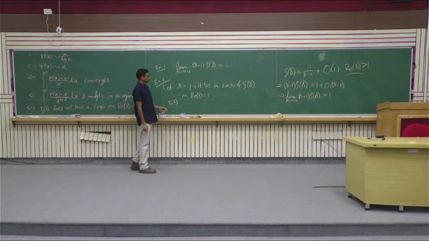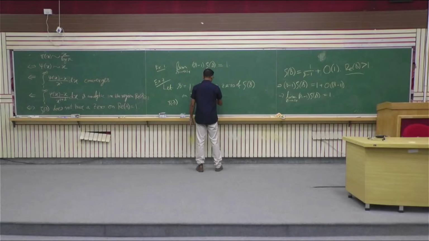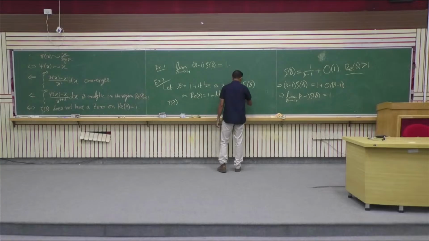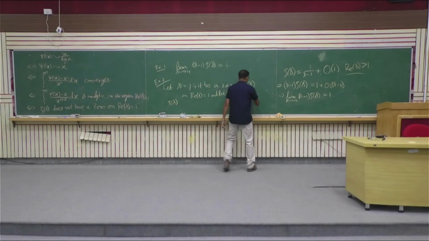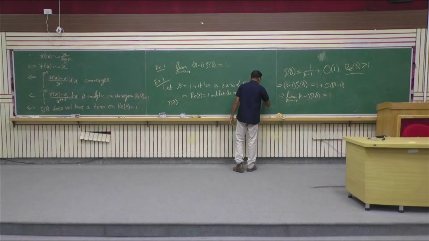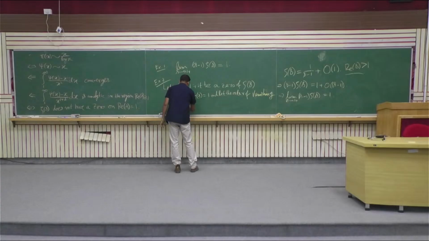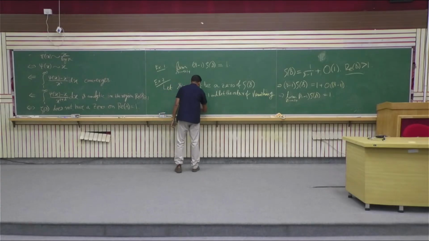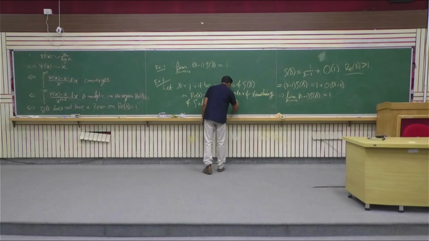In other words, zeta s has a 0 of order m at 1 plus it.